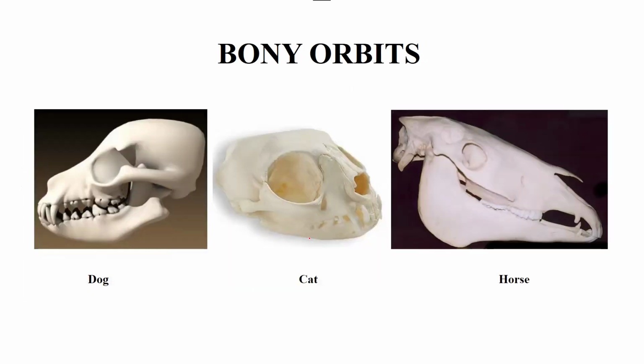But if we see the other animals, like this is the cat right in front of you, or the horse skeleton in front of us, in these animals the orbit is a complete whole orbit, but in the dog we have a space in between.